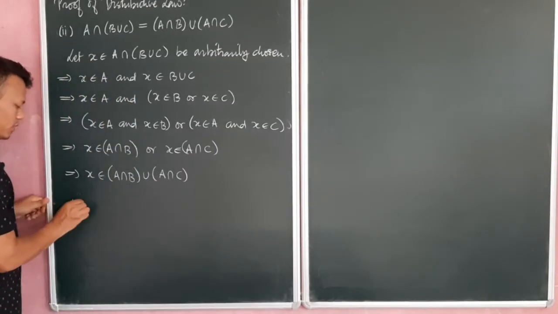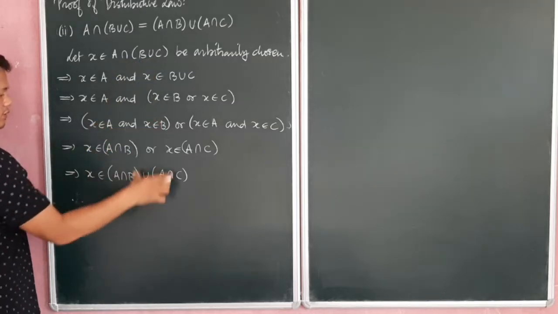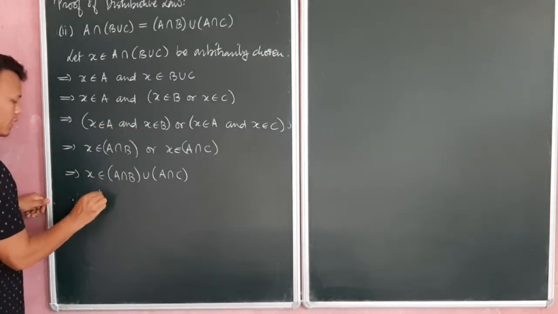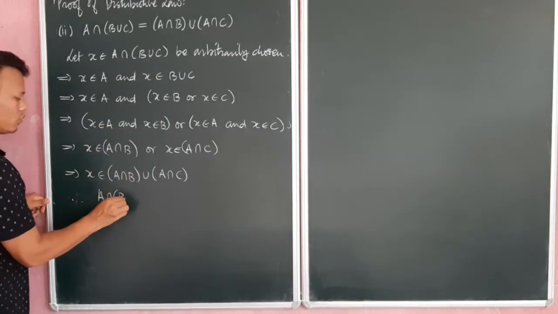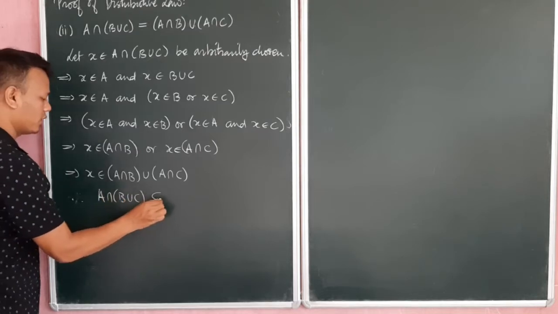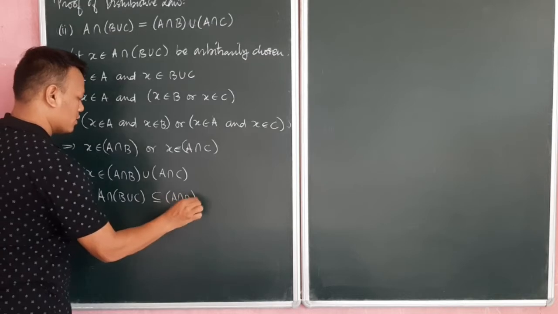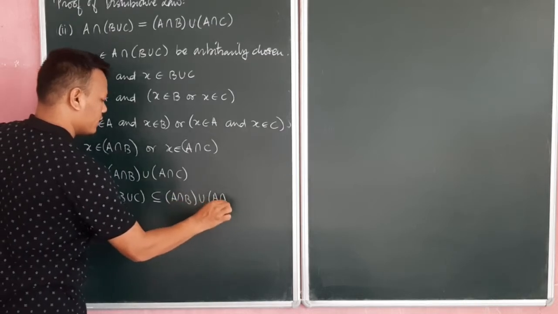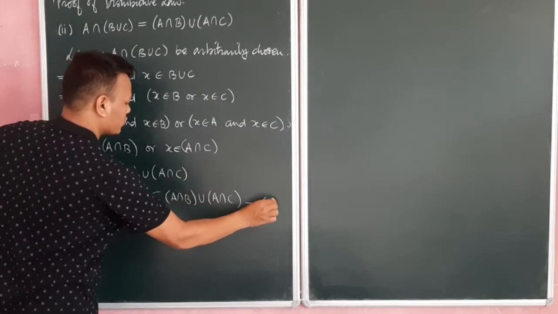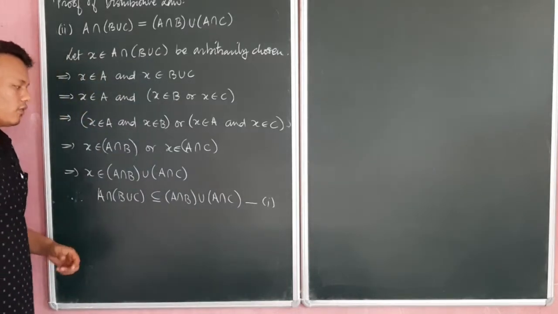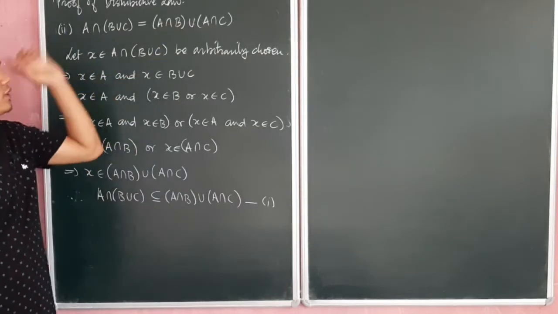So therefore this means that A intersection with B union C is a subset of A intersection B union with A intersection C. So call this equation 1.